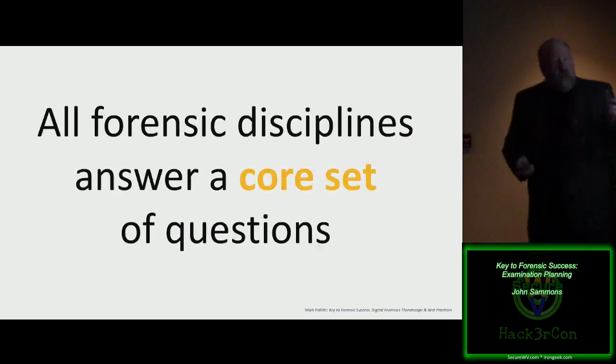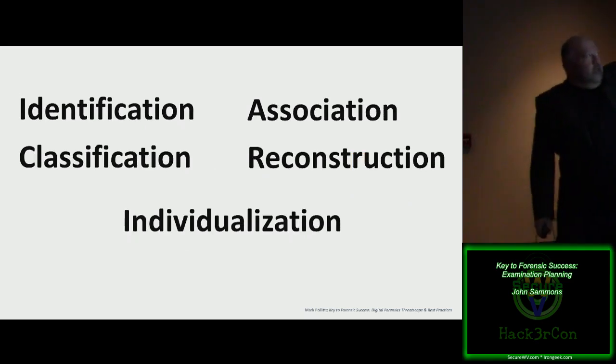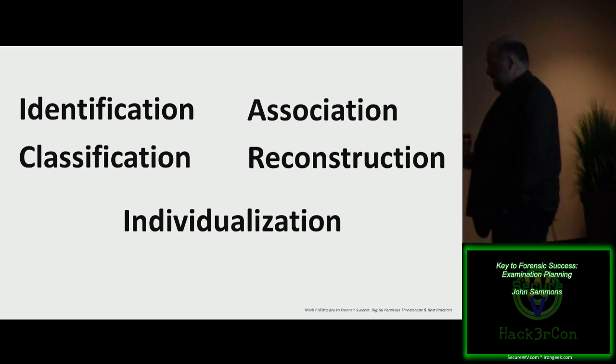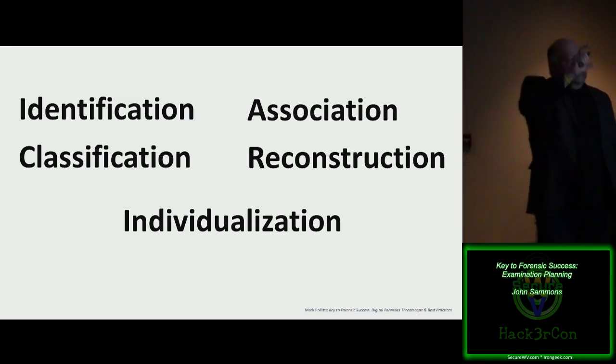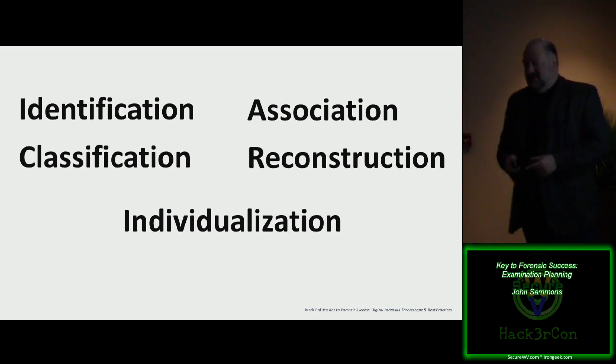At its core, all forensic science disciplines answer this core set of questions. They help us identify, classify, associate, reconstruct, and conduct individualization. The principles and processes we use to achieve these things are kind of global in the world of forensics.